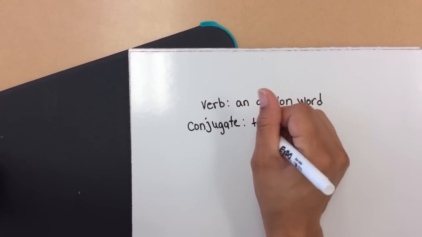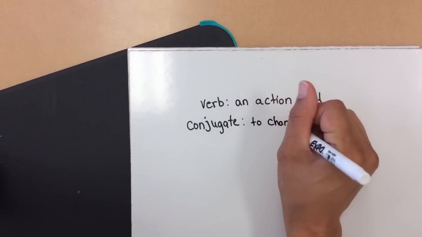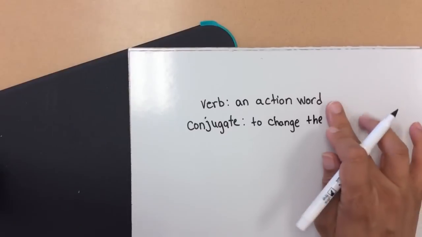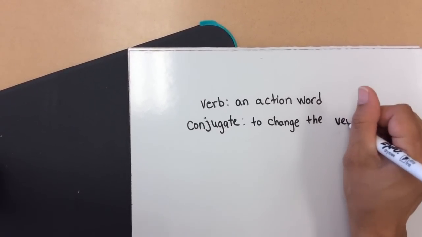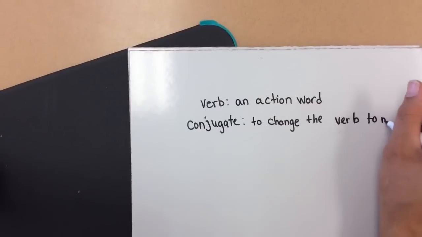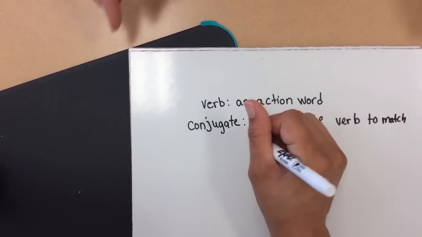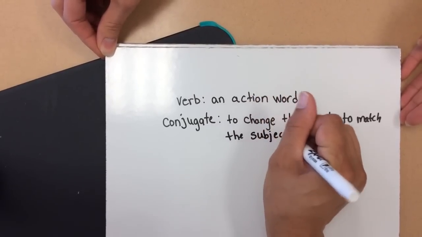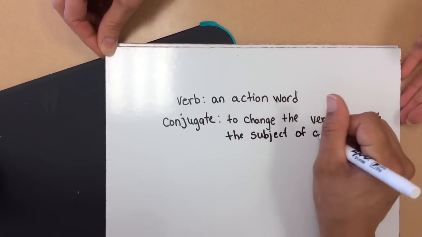Conjugate is to change the verb to match the subject of a sentence.